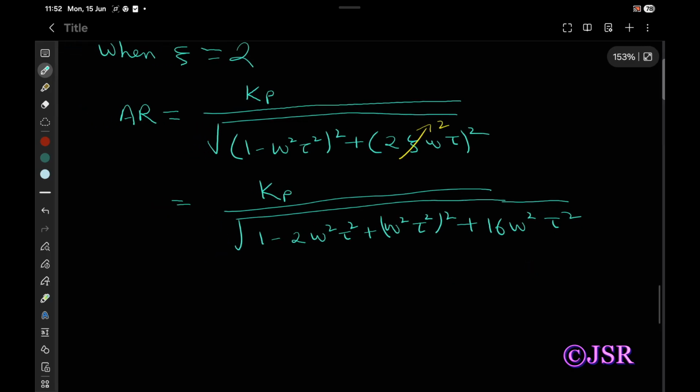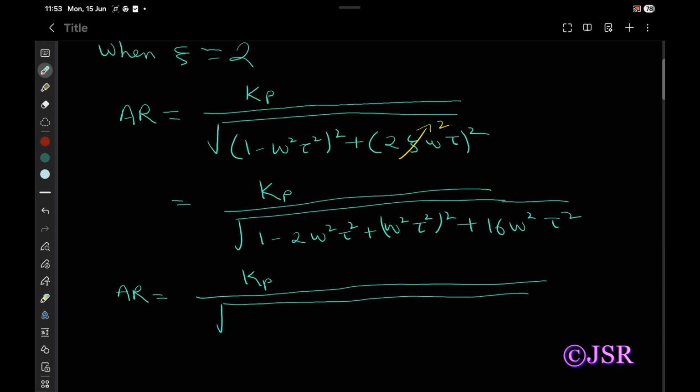So on simplifying we will get AR equal to Kp upon under root 1 minus 14 omega square tau square plus omega tau to the power 4.